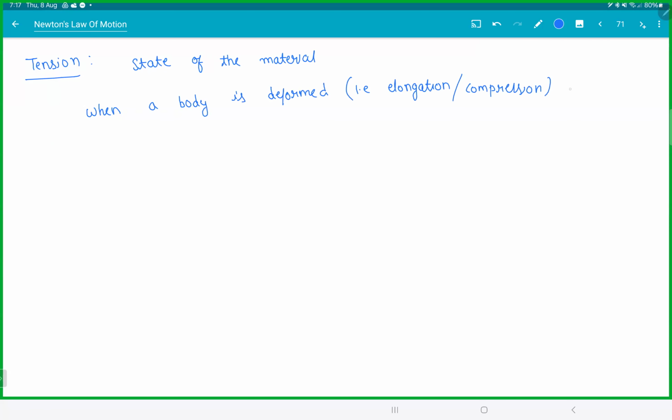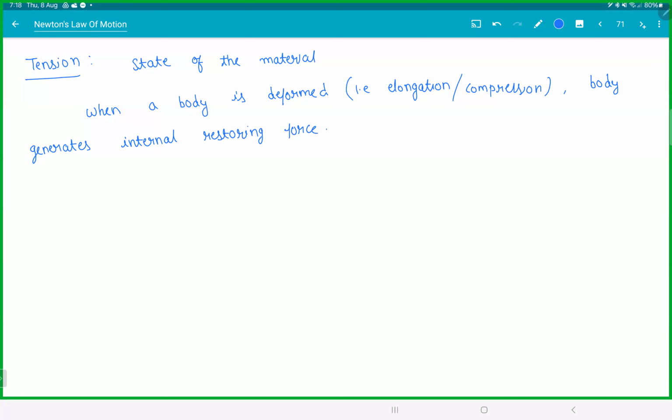The internal restoring forces are generated. Look at the word, internal restoring forces. So these forces are inside, restoring. They will try to bring you back to the natural state.